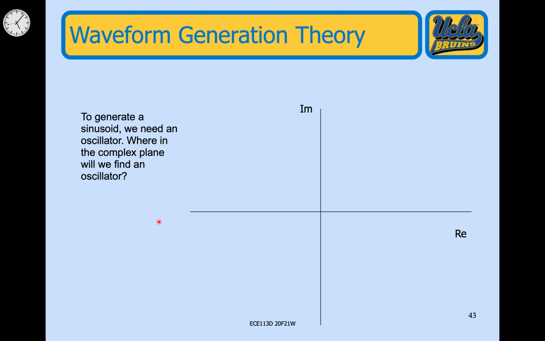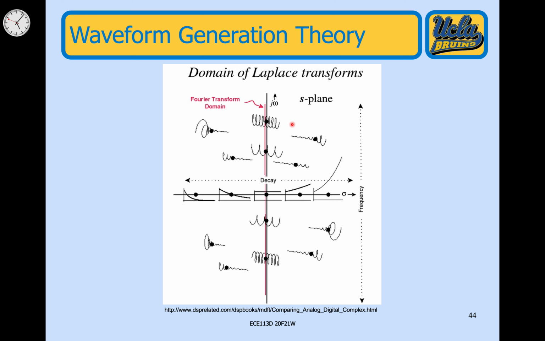Maybe one of these days I will, but not this time. I'm just going to give you the answer. As if you don't know it already, you probably do. It's on the y-axis. So you have only imaginary parts, no real part to the characteristic equation that defines the system.